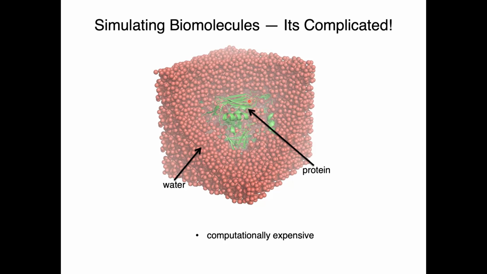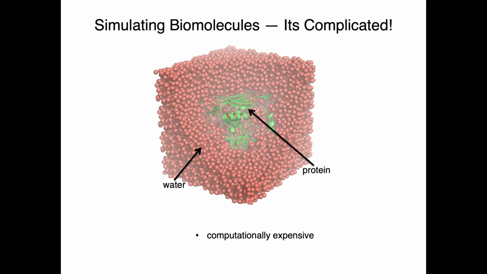So if you have to calculate all pairwise interactions, that means you have to execute many calculations just to get a single set of forces, right?